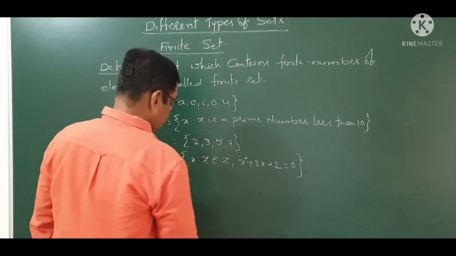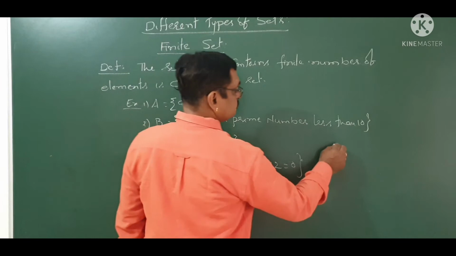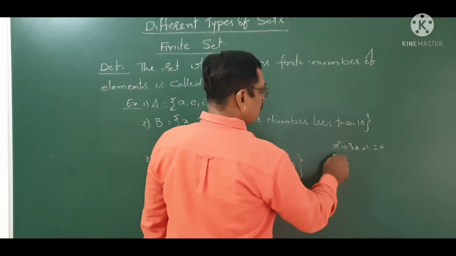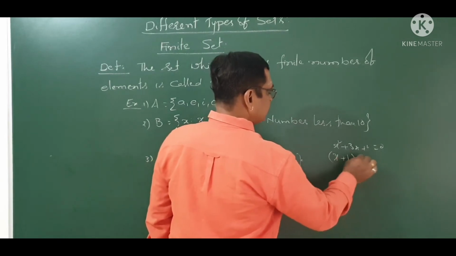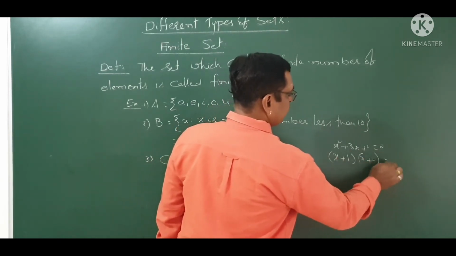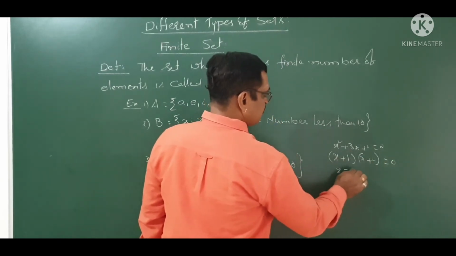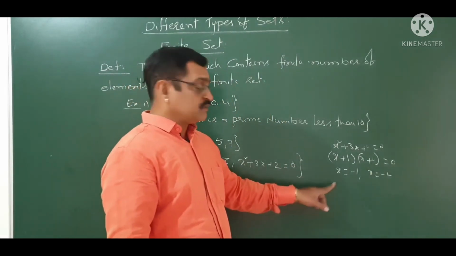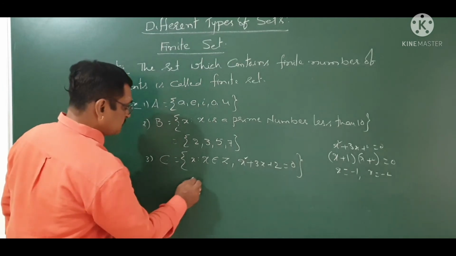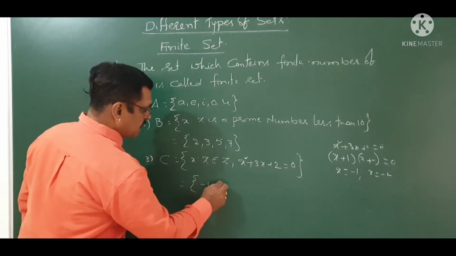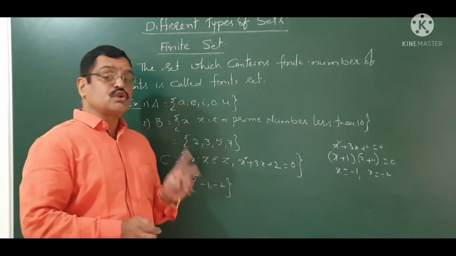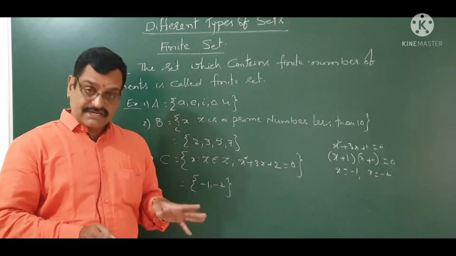So this is x plus 1 times x plus 2 is equal to 0, or x is equal to minus 1, x is equal to minus 2. So this set can be written as minus 1 and minus 2. This set contains 2 elements, which is a finite set.